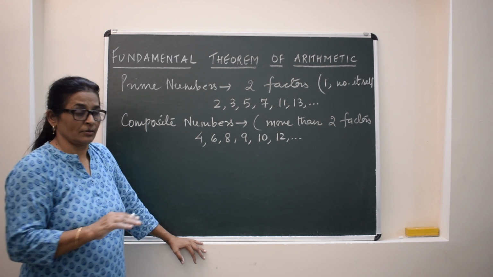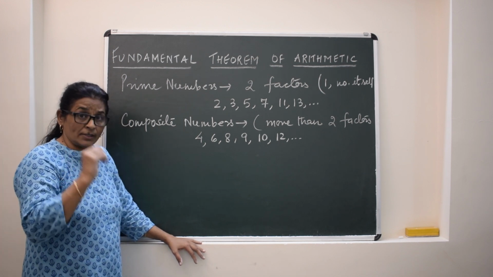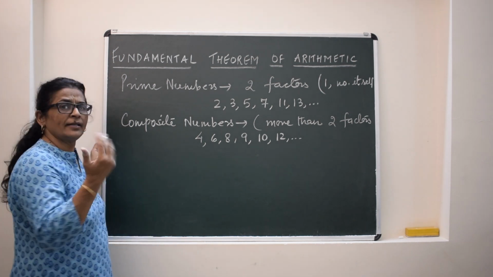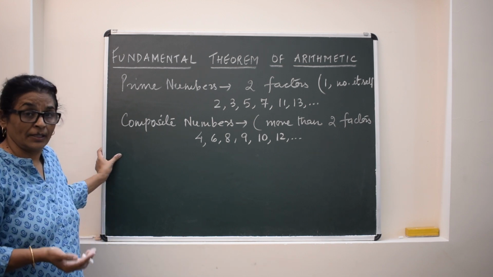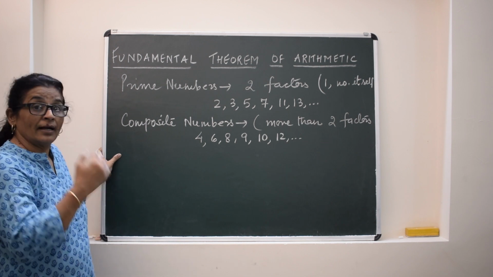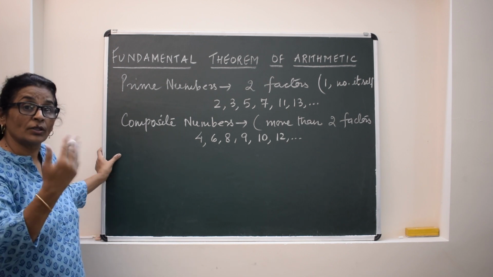Before we discuss that, one concept: if we take any 2 primes or any 3 primes and multiply them, taking them with power 1 or 2 or 3 or many.